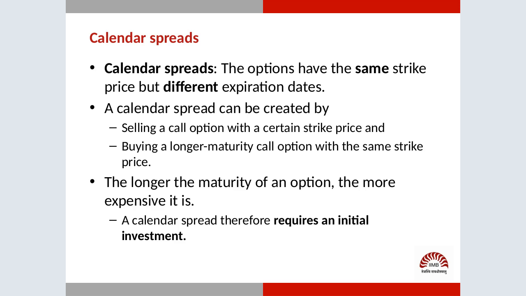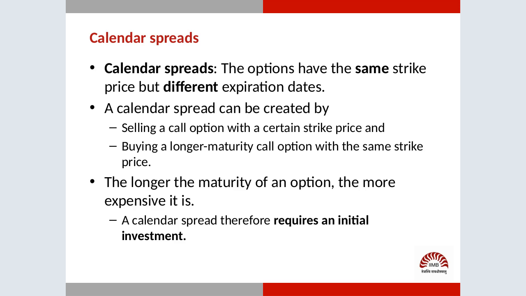So one option will have time T1, the other option will have time T2, where T2 is greater than T1. Obviously, I can buy or sell, but essentially both options have the same strike price but different expiration dates.